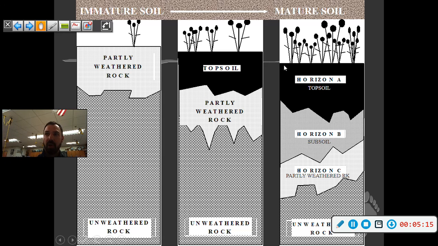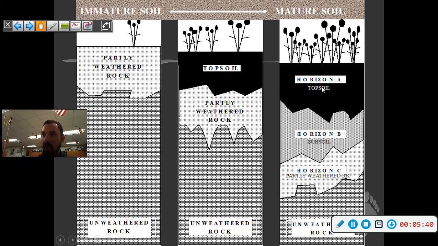Topsoil will begin to collect on top of that partly weathered bedrock. Then finally that topsoil will get bigger, and you'll even get a second layer, which we call horizon B, below that horizon A. And of course O will be that thin layer at the top. They just didn't show that here. So pretty much that's the progression.